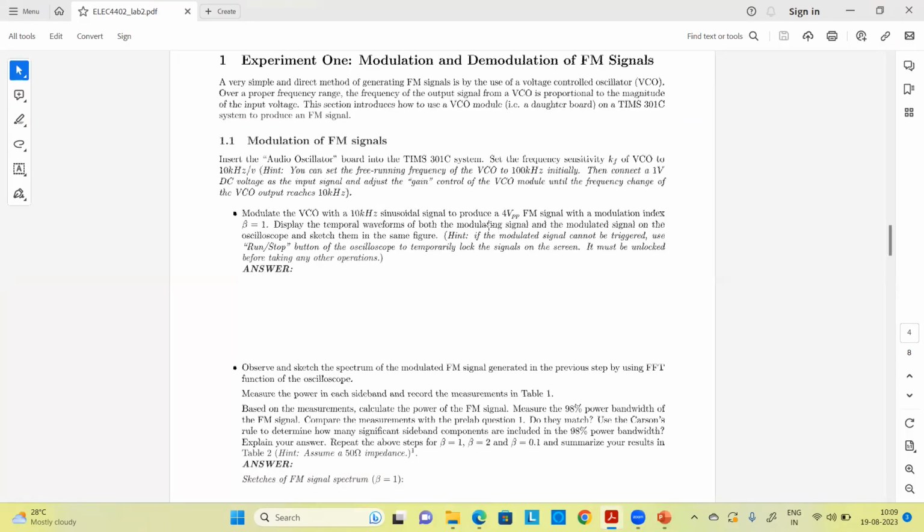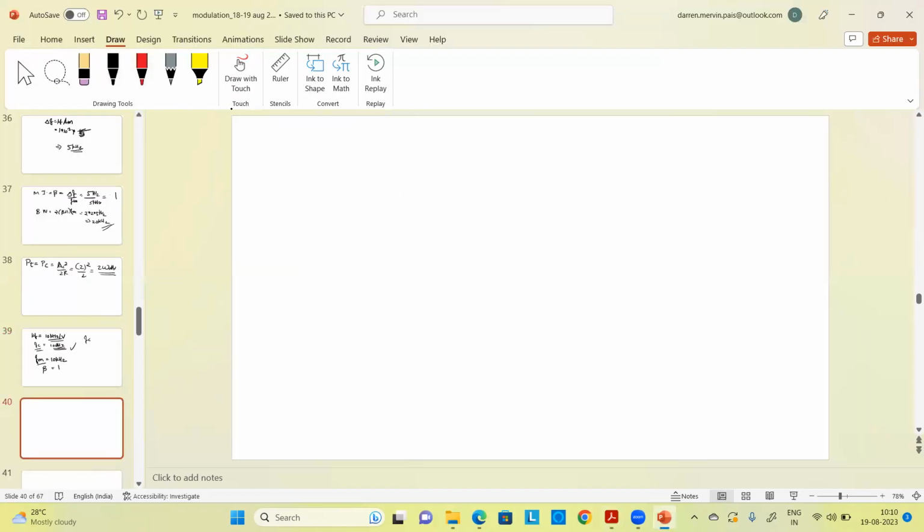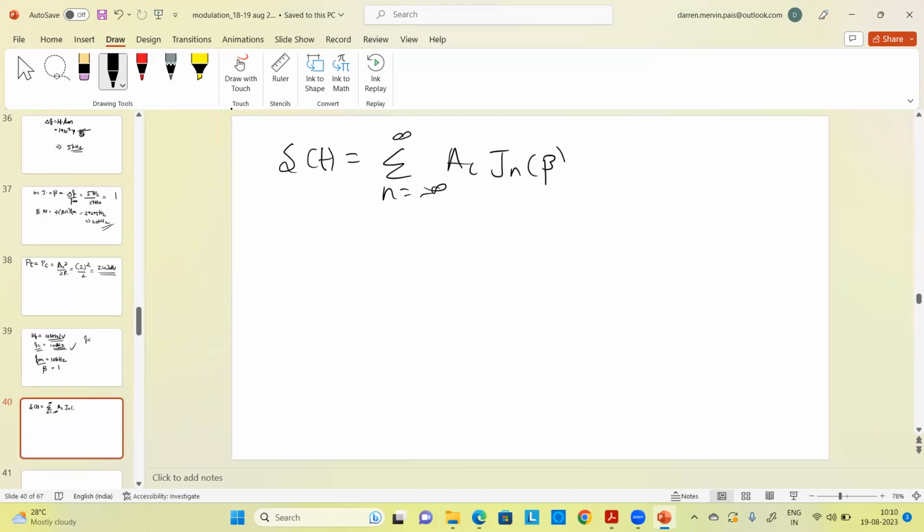And they're telling that to produce a 4 volt peak to peak FM signal. Now, 4 volt peak to peak is not an AC signal. It is an FM signal with beta equal to 1, if you remember the standard equation. Beta is 1, so it's a wideband.